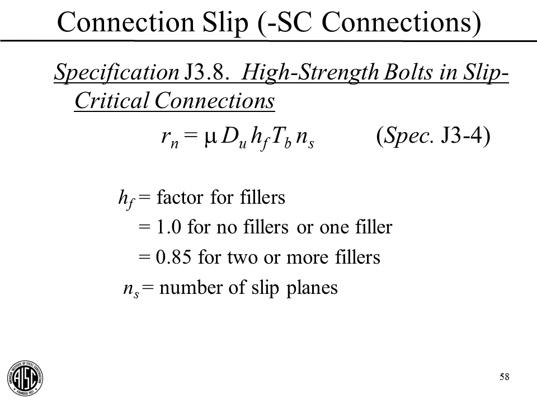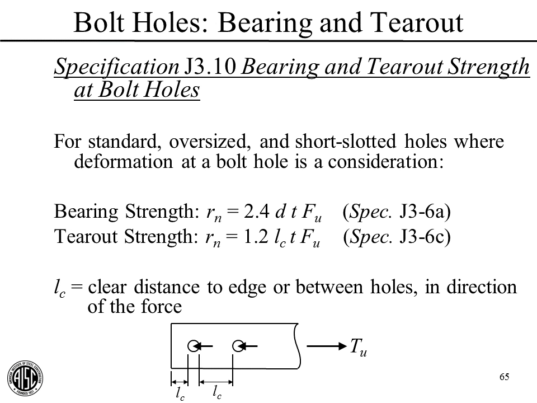All right. So here on the slide talking about bearing and tear out, there's a question about this idea of deformation at the bolt hole. Can you discuss when deformation at a bolt hole is not a significant issue and the higher values can be used that are given in this section of the specification? Okay. The only time I've seen that, I would need to pull up the AISC design examples to be sure.